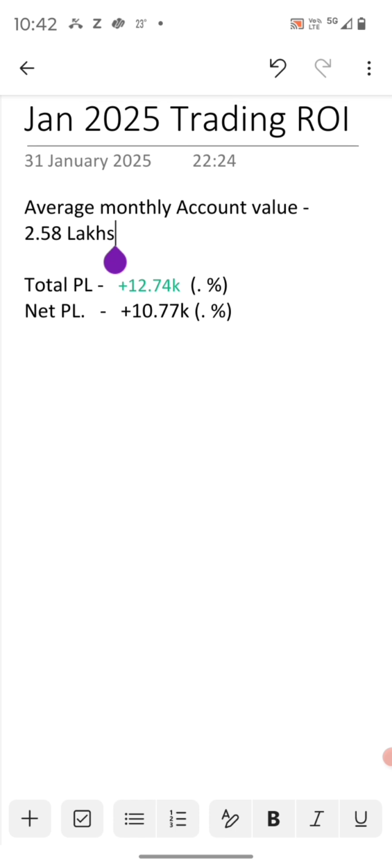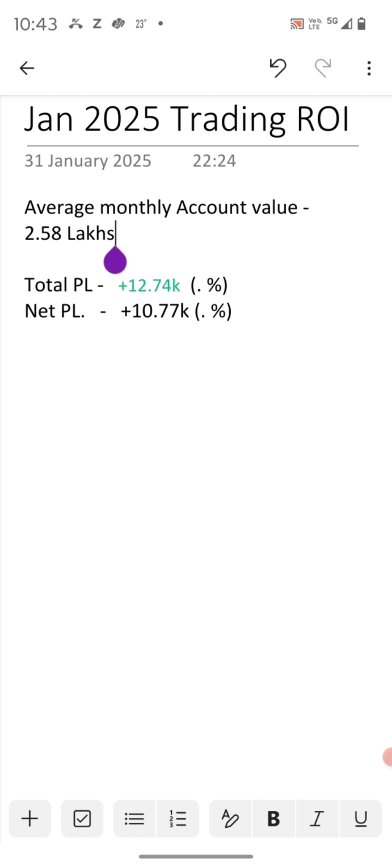And that is very important to calculate our true return on investment, ROI, because that is how banks also calculate the ROI, the interest, be it your savings bank interest or any other form of interest payment.